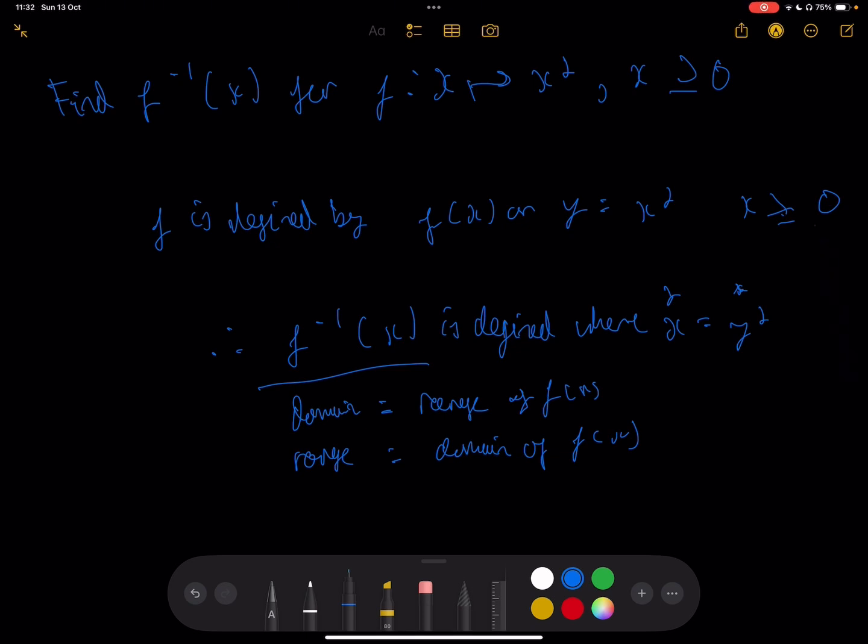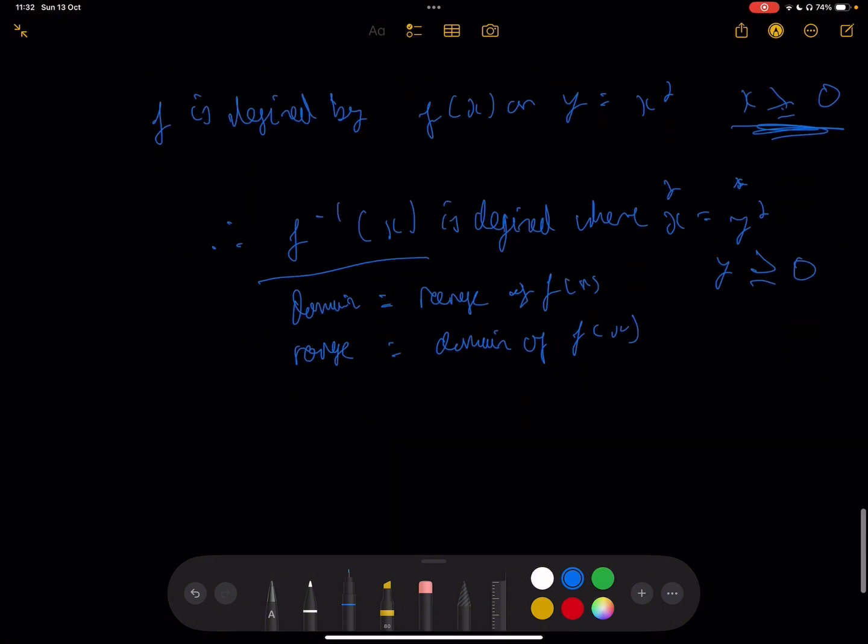So instead of the domain being greater than or equal to 0, the range would have to be of something like that. We would use y instead because we're looking at the range now.